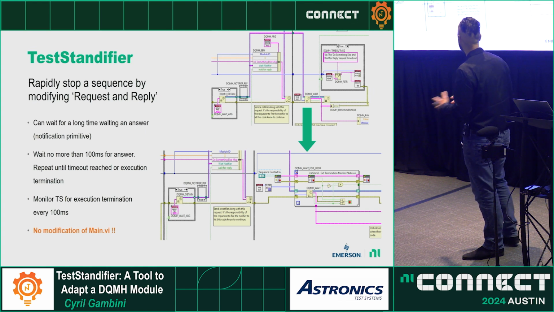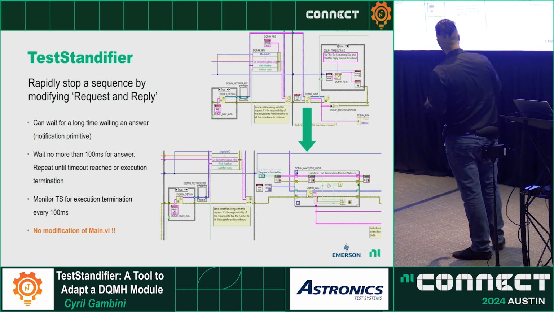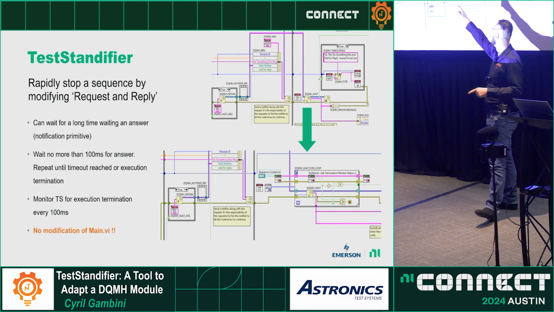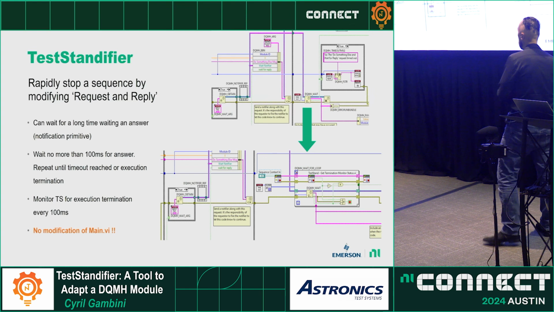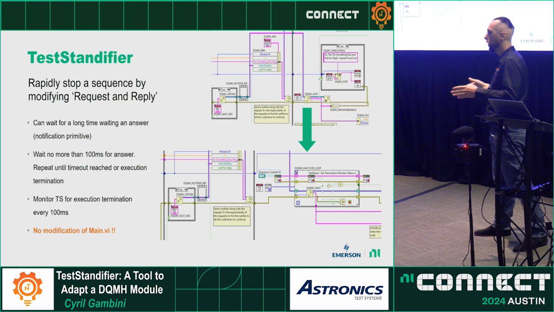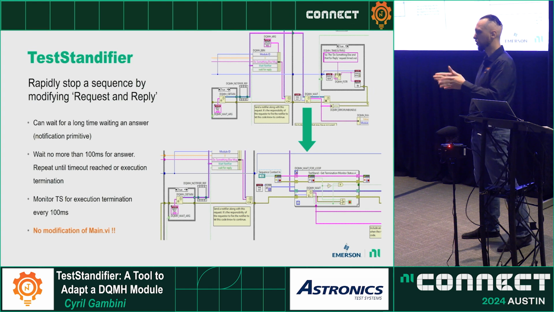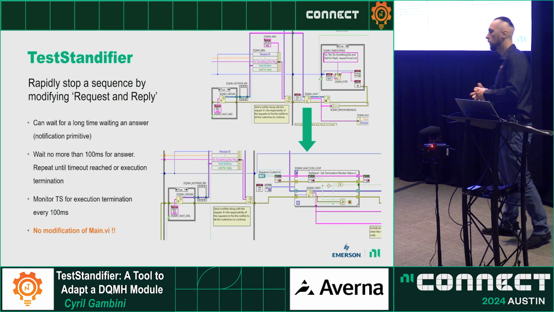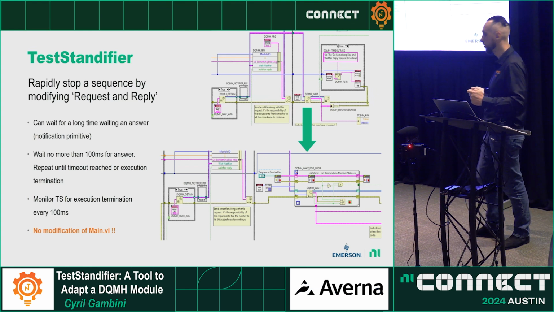So what we do automatically is find that timeout VI constant, and what we have here is simply a VI that divides the timeout into 100 millisecond chunks. So now we just loop around the DQMH wait in chunks of 100 milliseconds.